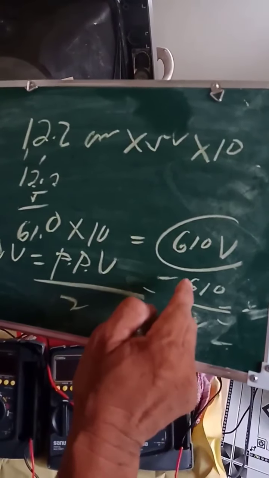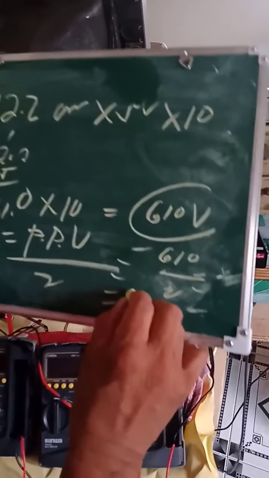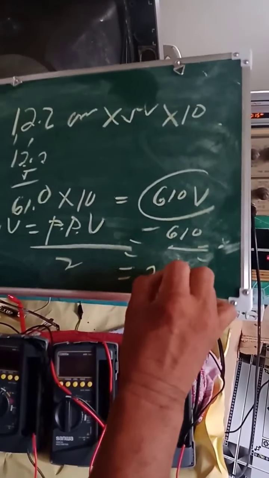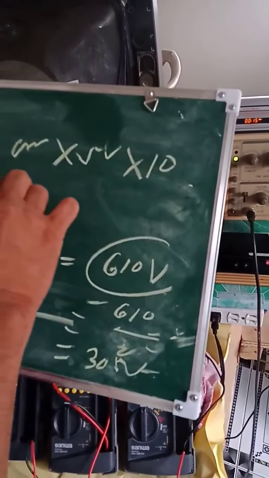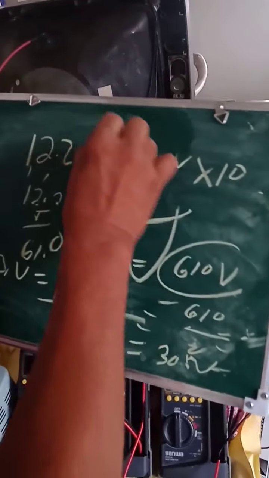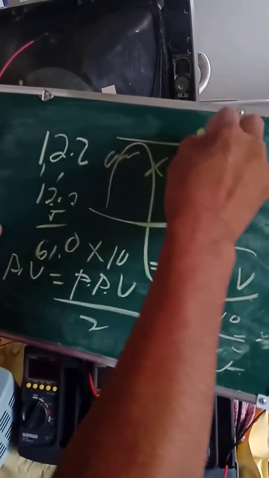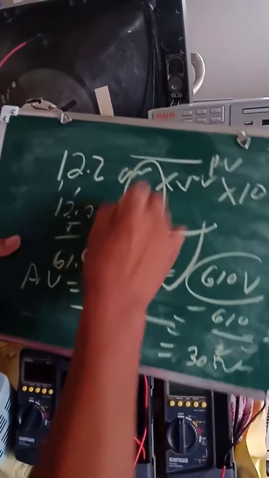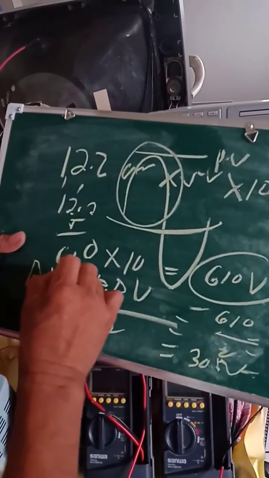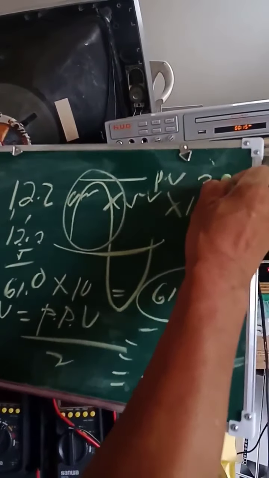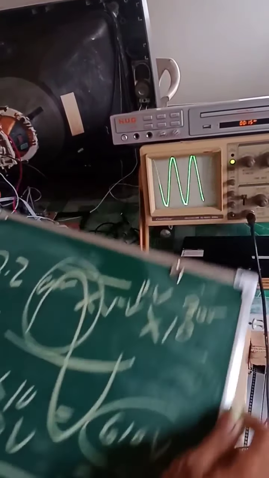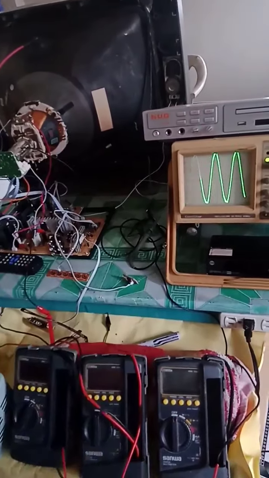When we divide 610 by 2, the result is 305 volts. That is the peak value of one alternation, which is 305.